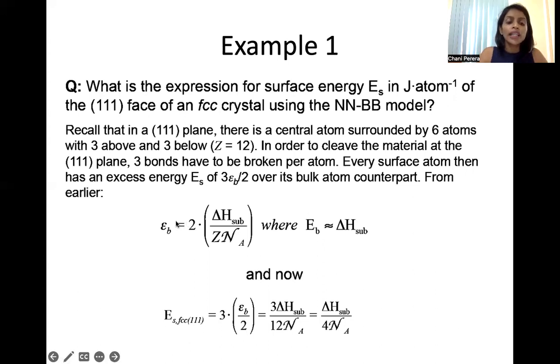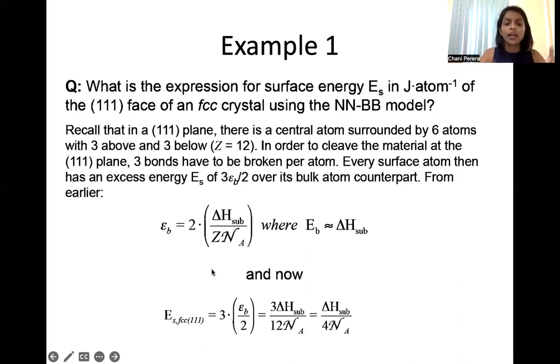You know that epsilon_B is equivalent to 2 times the sublimation enthalpy over Z N_A, where N_A is the Avogadro number and Z is the coordination number. And we assume that the cohesive energy for that solid is roughly equivalent to the sublimation energy.